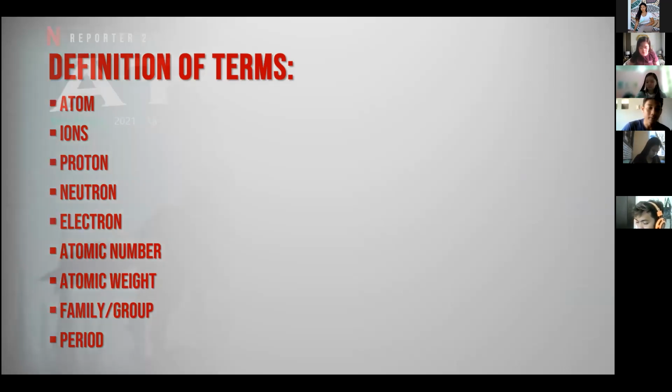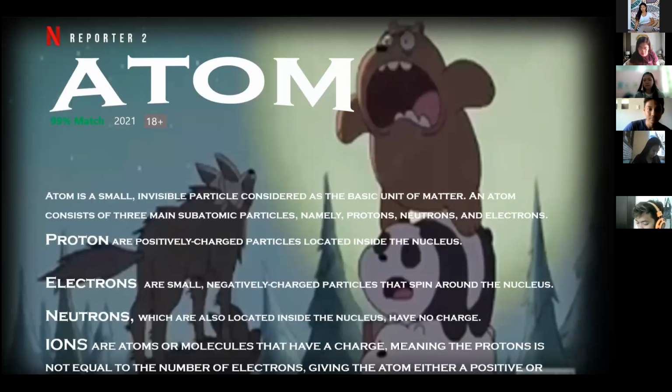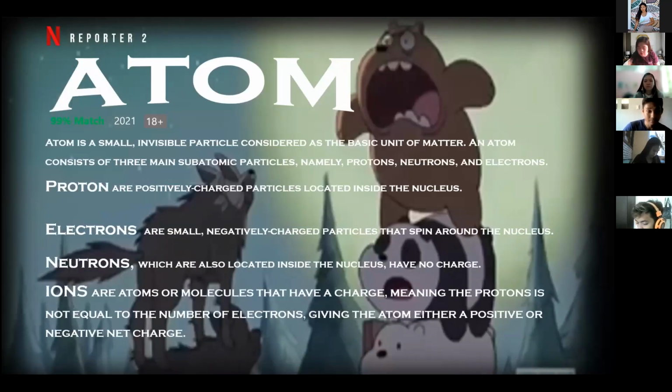An atom is a small invisible particle considered as the basic unit of matter. An atom consists of three main subatomic particles, namely protons, neutrons, and electrons. Protons are positively charged particles located inside the nucleus.